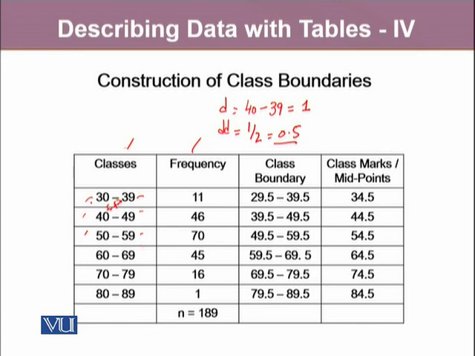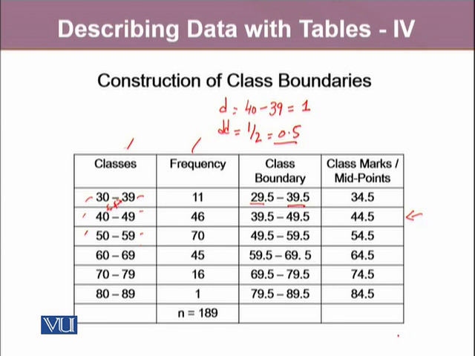Hence, 30 minus 0.5 is 29.5, and 39 plus 0.5 is 39.5. In the same way, we will subtract 0.5 from each lower class limit and add 0.5 to each upper class limit. In this case, if by any chance a value falls at 39.5, it goes to the second class.